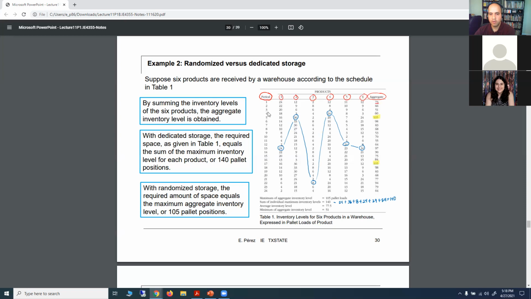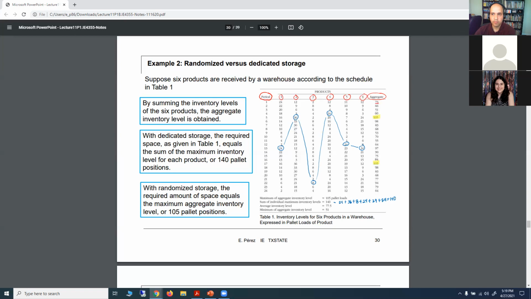So you do that summation for each time period. And then once you have the column with the summation, you're going to find the maximum of that column. In this case, that's 105. So for a randomized storage strategy, the space that you will need is space enough to accommodate 105 pallets for this problem.